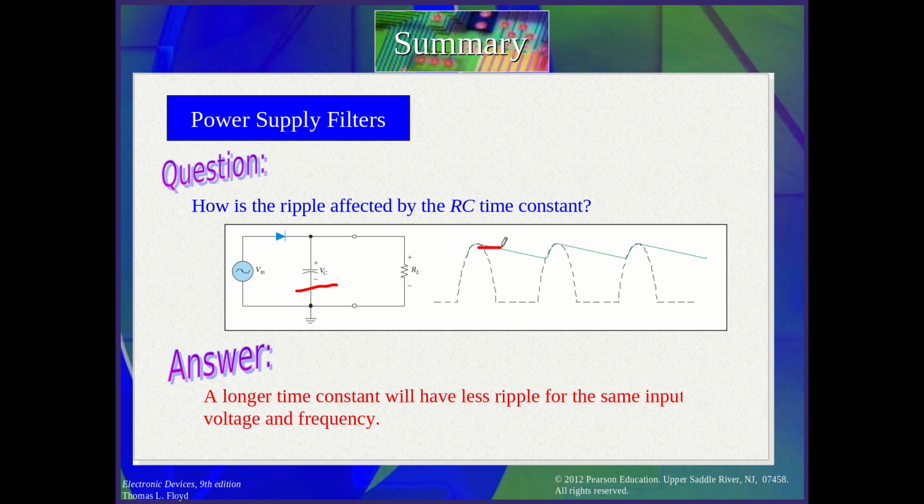If it takes a long time to discharge, it will last until the next half cycle, and the ripples will be very small. So it is approximately a line.